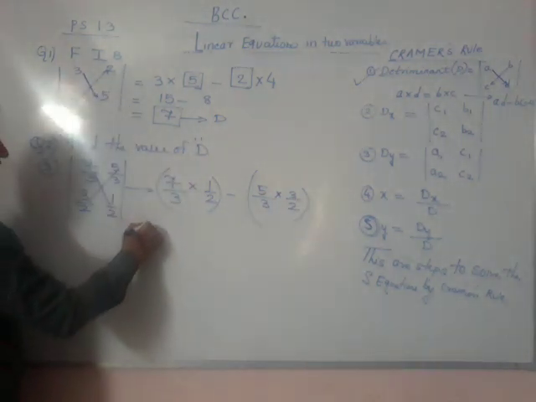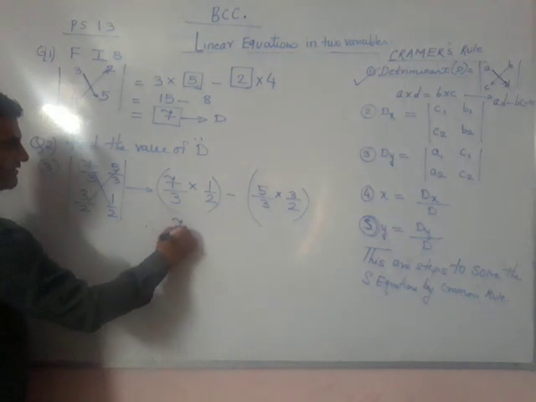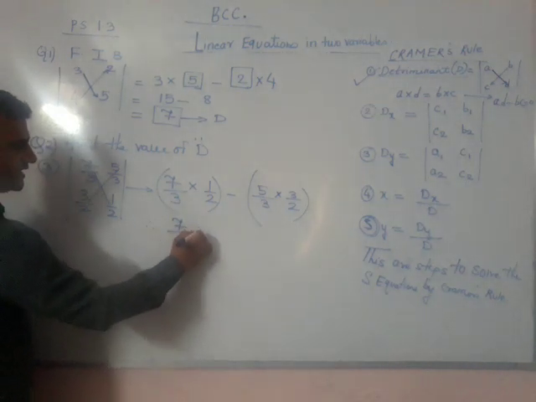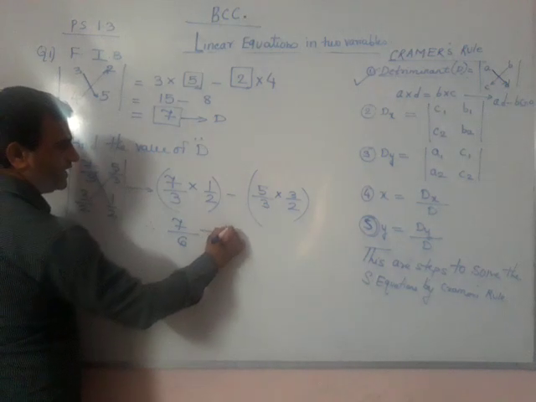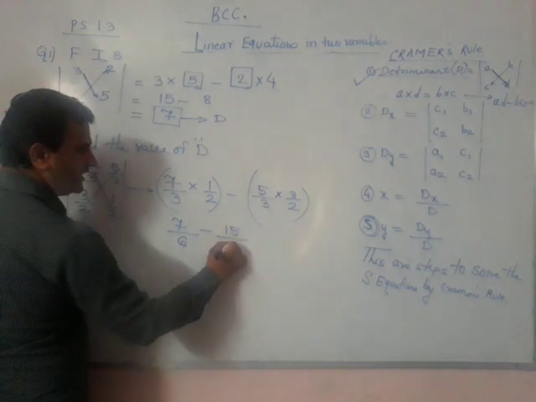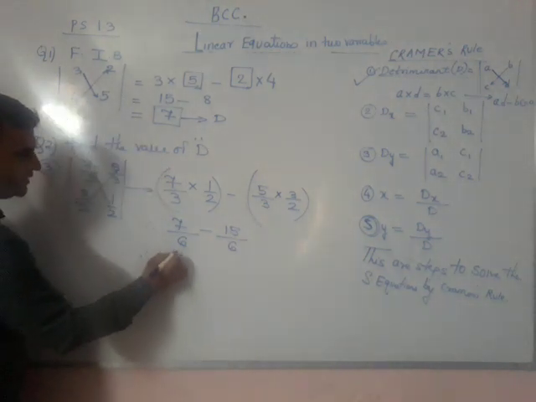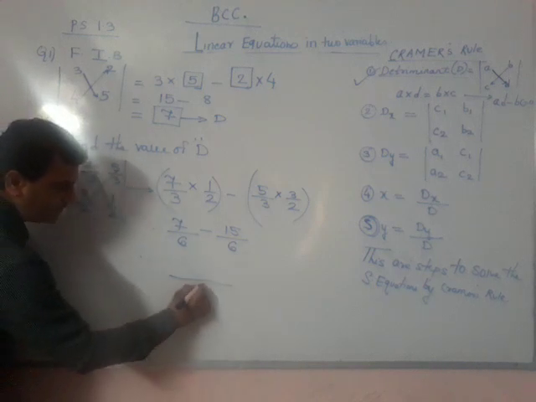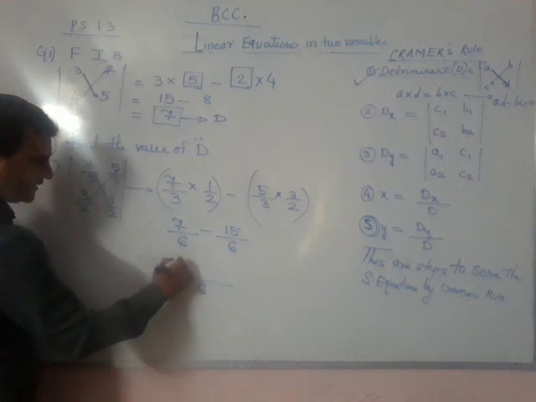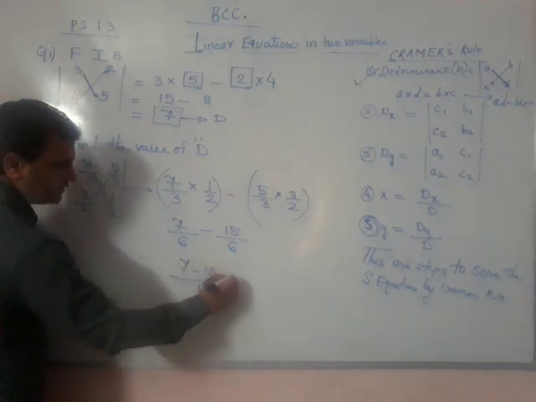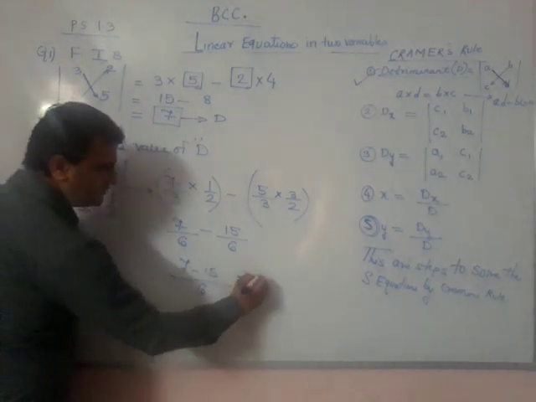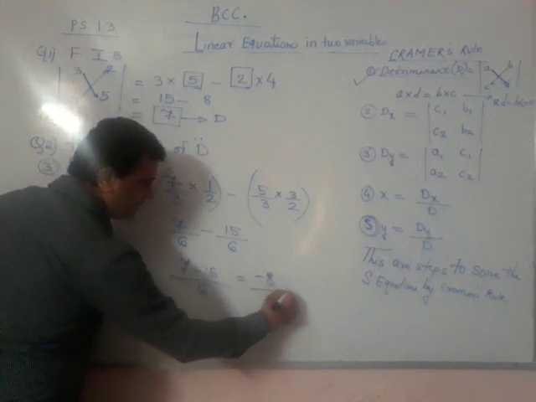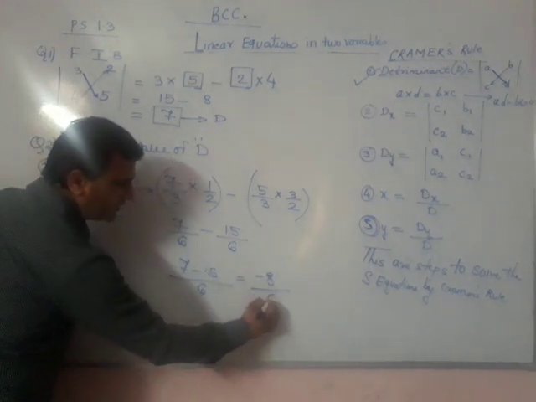Come on students, therefore 7 ones are 7, 3 twos are 6, minus 5 threes are 15, 3 twos are 6. Now here both denominators, 6 and 6, are the same. Take the common denominator and 7 minus 15, which is minus 8, so minus 8 upon 6.